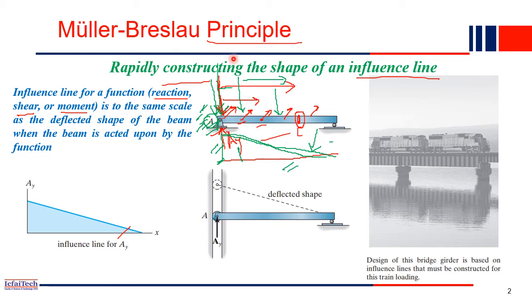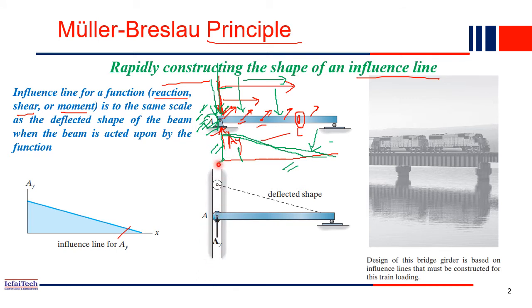But as per the principle, if you want to draw the influence line diagram at A because of the vertical load, the vertical reaction, then our first job is to release the vertical constraint. Once you release the vertical constraint, this beam can easily move in this direction.